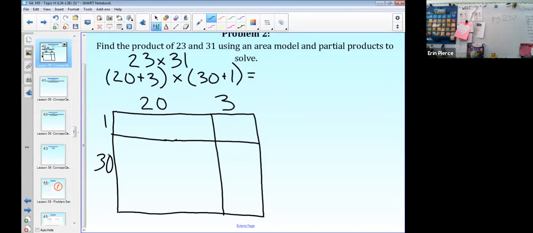So our first box, 20 times 1 equals, then 20 times 30 equals, then 3 times 1 equals, then 3 times 30, or 30 times 3, however you would like to write it. It's the same thing.